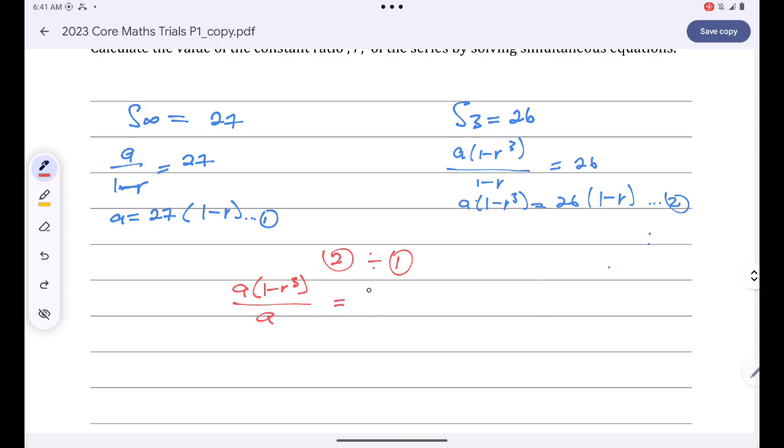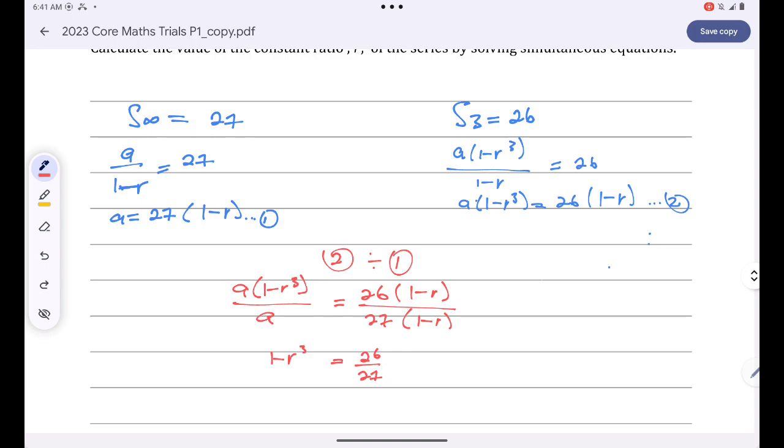This is equal to 26 multiplied by 1 minus r, and then on the right hand side of equation 1, I have 27 multiplied by 1 minus r. I'll end up having 1 minus r to the power 3 is equal to 26 all over 27, because the a's will cancel.